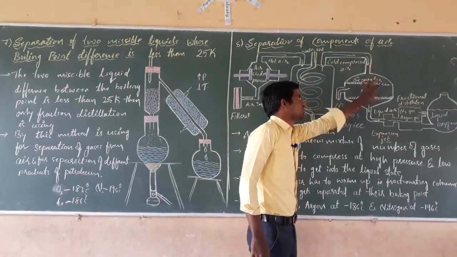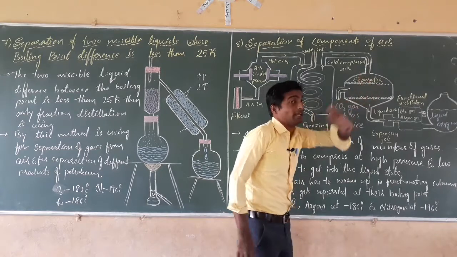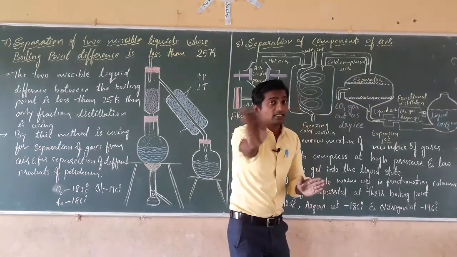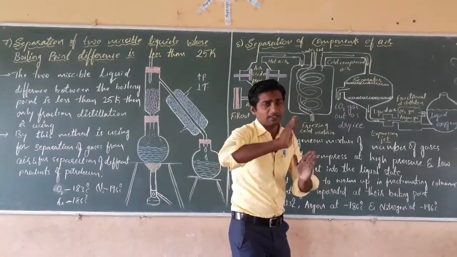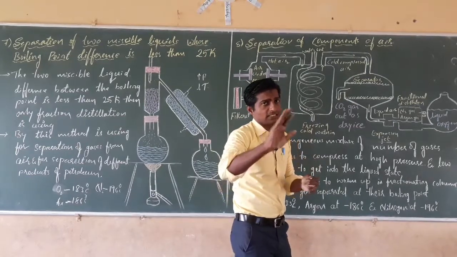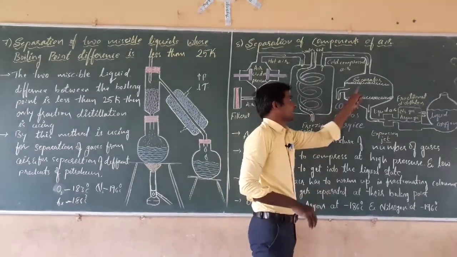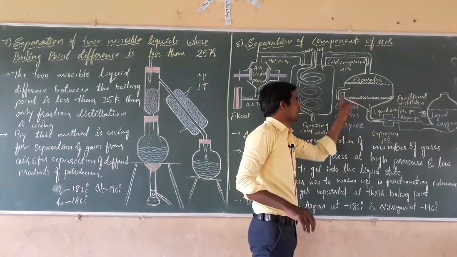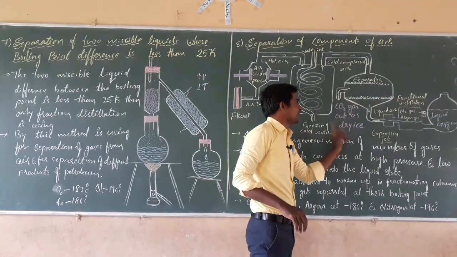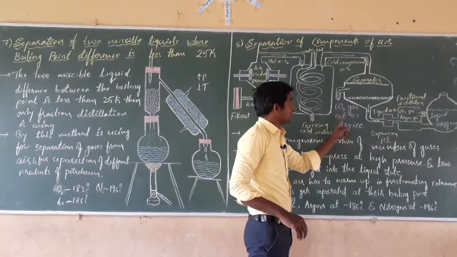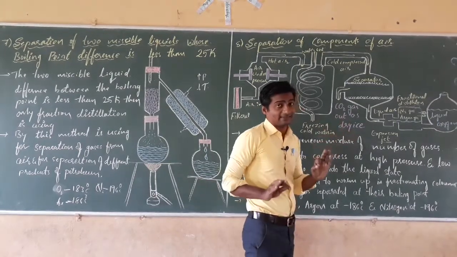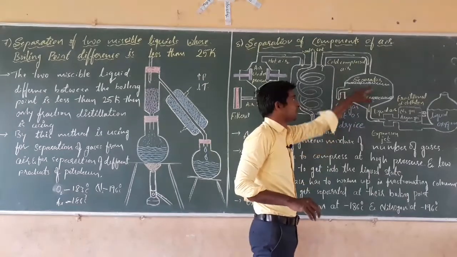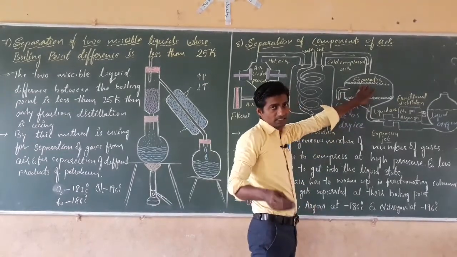Again we pass it through a chamber that contains separators, where the different components of air will get separated. First, in the separator, which contains seed-like particles, the carbon dioxide gas will be separated out in the form of dry ice, because a little warmer temperature is there.